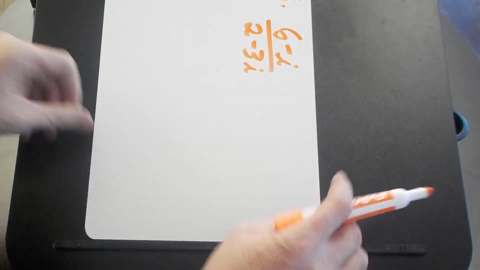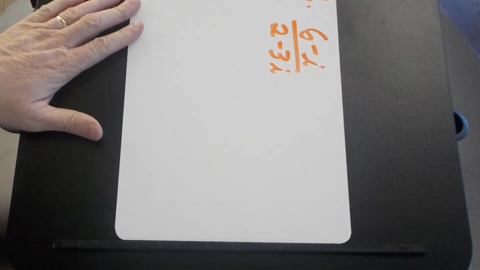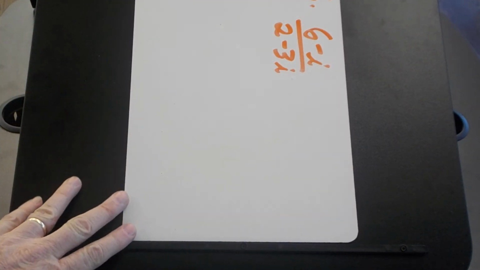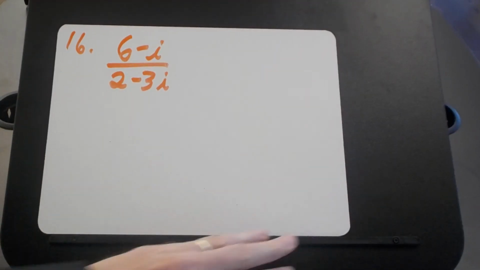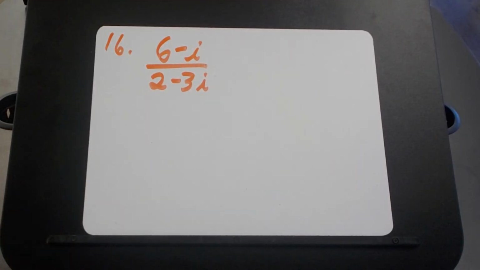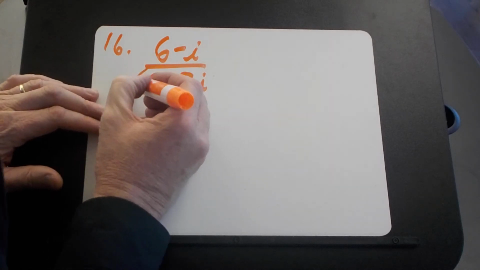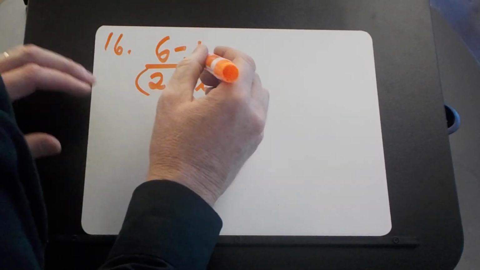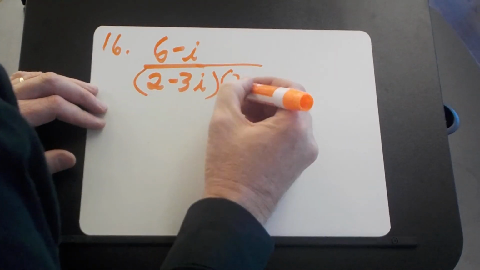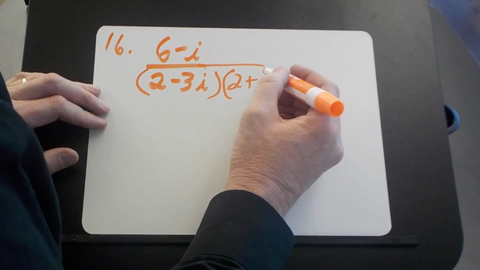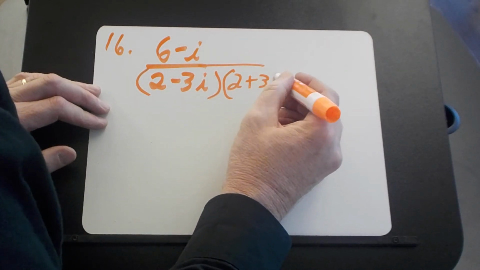So, let's do this last one. Number 16. I'm going to try something different here. See how it shows up. You're only going to use the conjugate of the denominator.